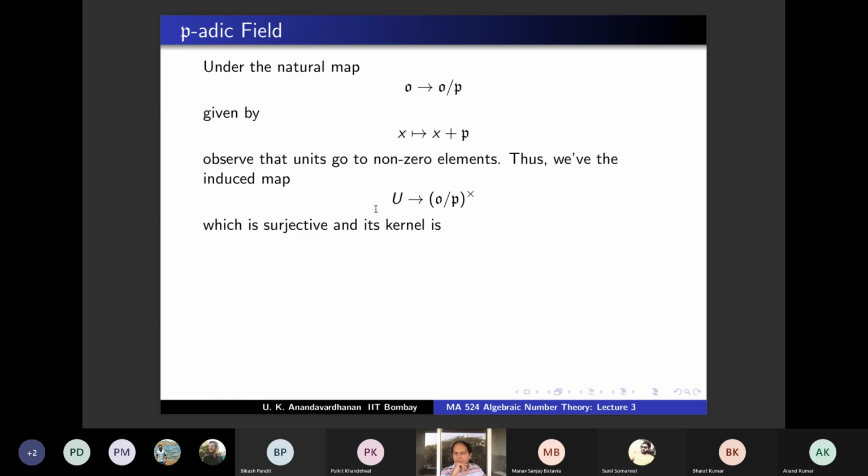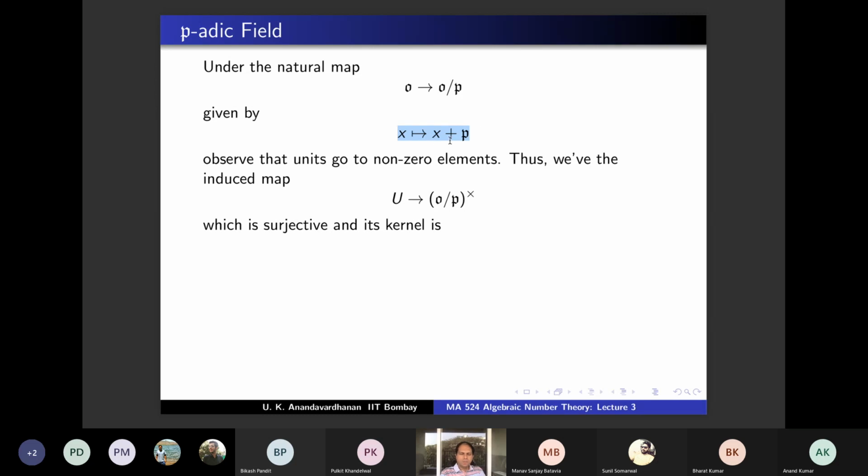And what is the kernel of this map? The map is this, x going to x plus p. If you take a unit, then you will get a non-zero element. So what goes to 1? Kernel is those elements which go to 1. So what is the identity element in this group?